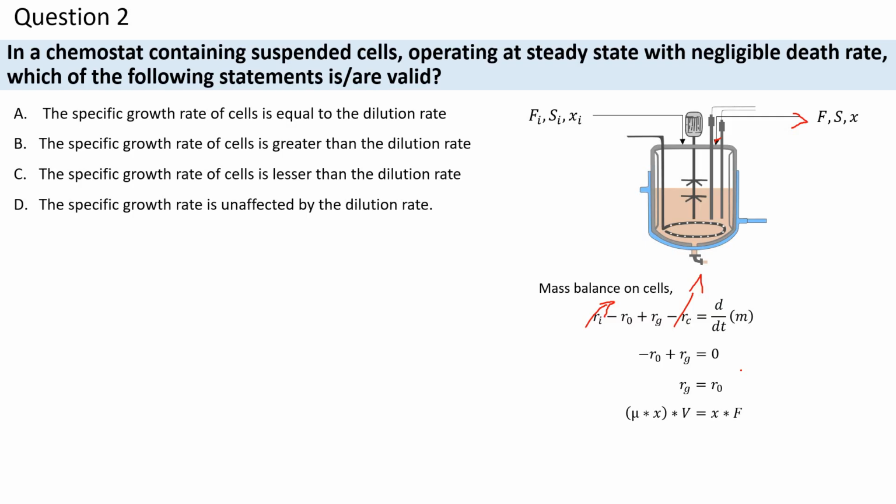So that's why mu into x, the specific growth rate into the concentration of the cells, into the total volume, that gives rise to the rate of generation of cells. Whereas the outlet, the rate of outlet of the cells around this point, is dependent on the flow rate at which the cell concentrations are being removed, right?